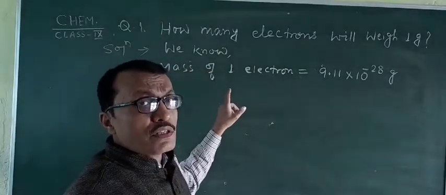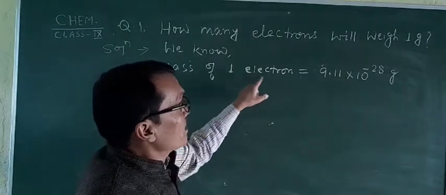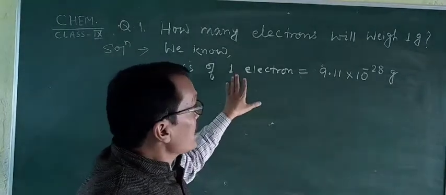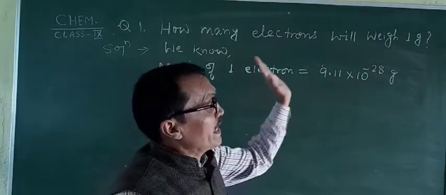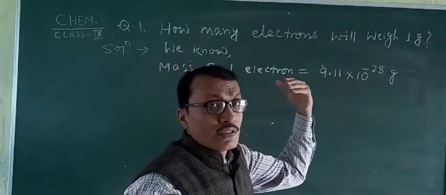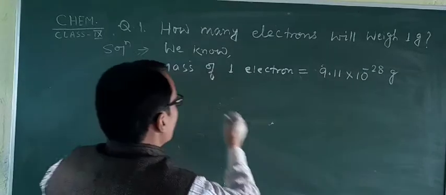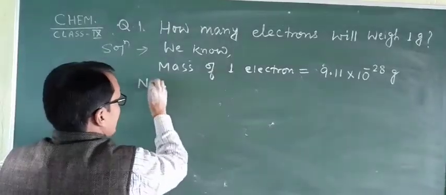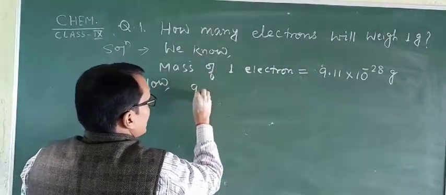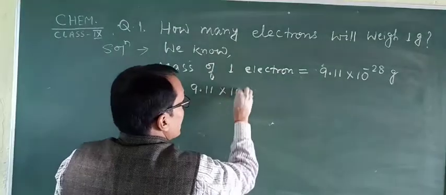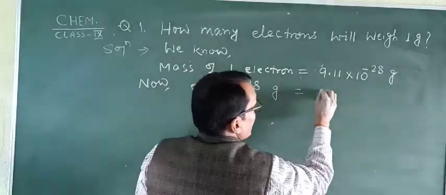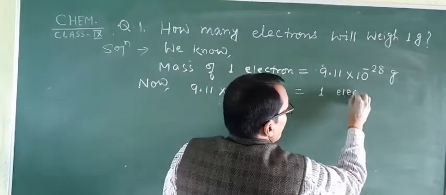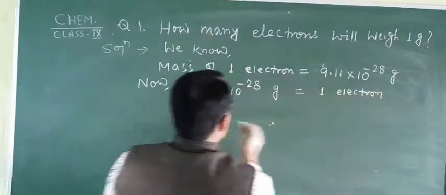But in the question we have to find out number of electron. So this number of electron should be expressed in the right side. So we can now write here 9.11 multiplied 10 to the power minus 28 gram is equal to 1 electron.